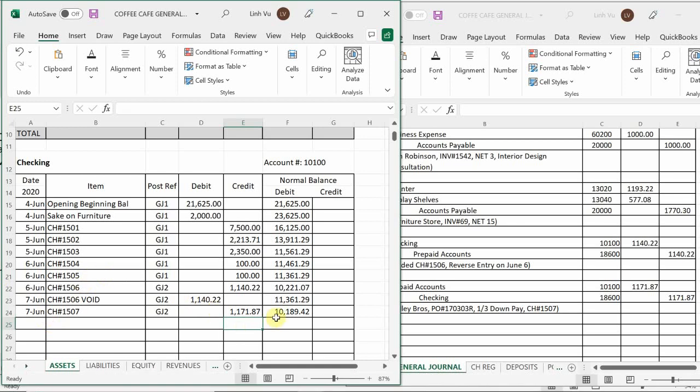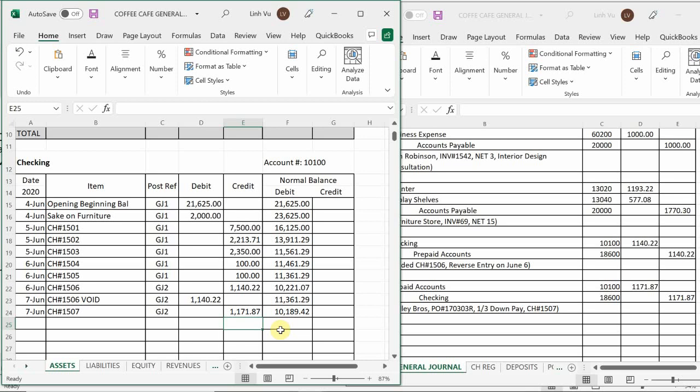So therefore, that should bring my account balance now back down to $10,189.42. Okay. So once again, 10,189.42. Okay, so that's the corrected amount.